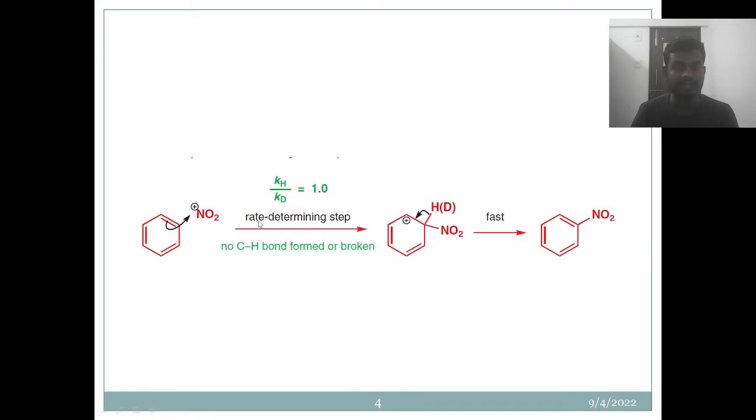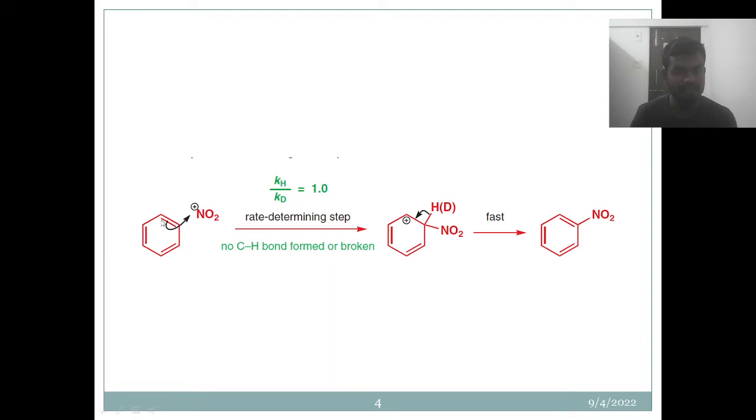So for the rate determining step, it doesn't matter whether it is hydrogen or deuterium; the rate remains the same. That's why we don't see any high number here. kH by kD is 1.